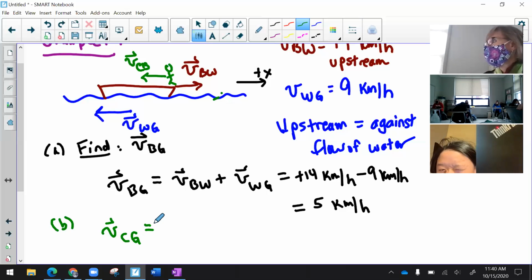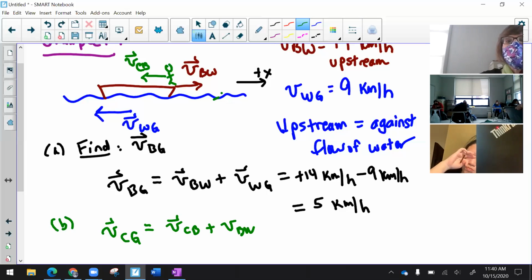Okay. So now I'm just going to add something else to my chain. I know the velocity of the child with respect to the boat. I know the velocity of the boat with respect to the water. And then I know the velocity of the water with respect to the ground.